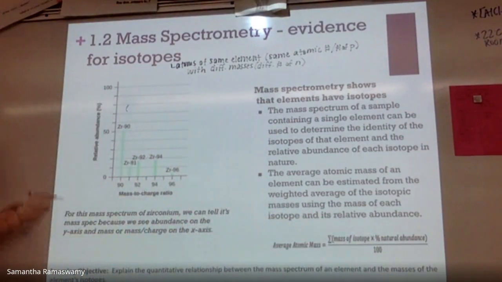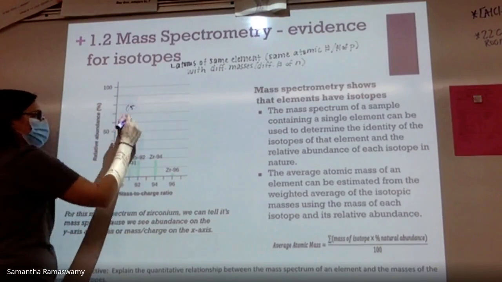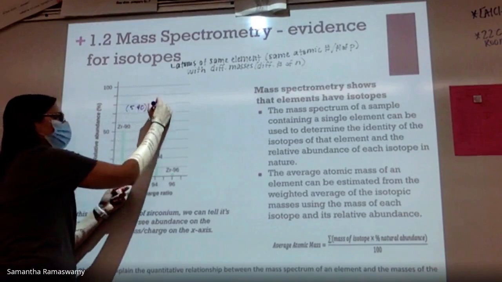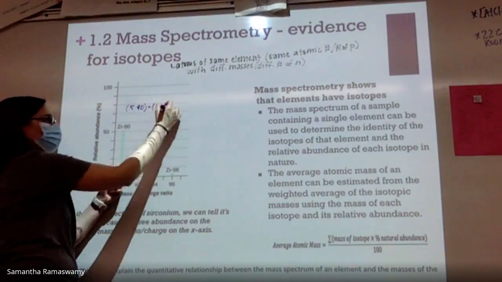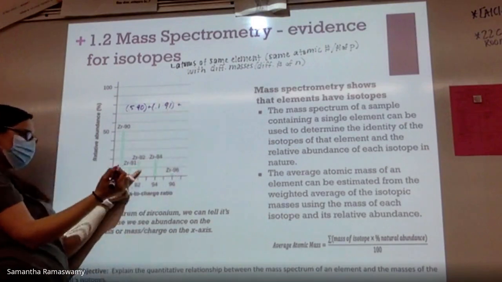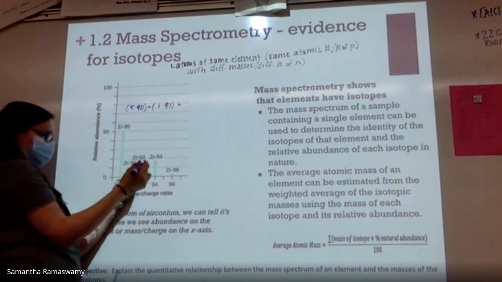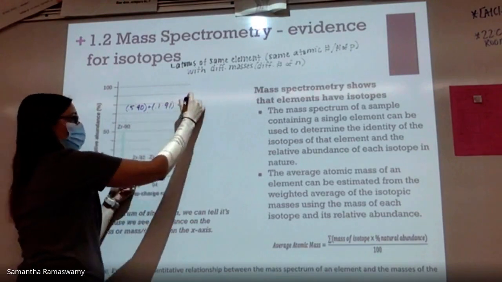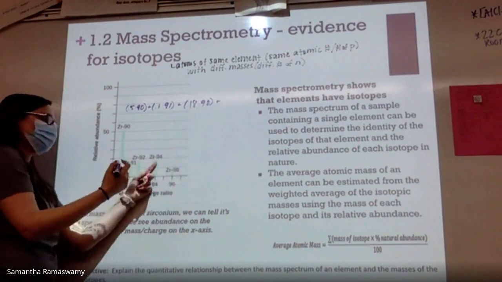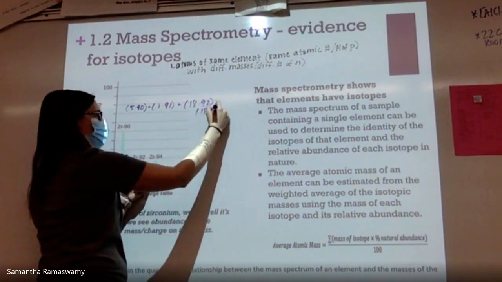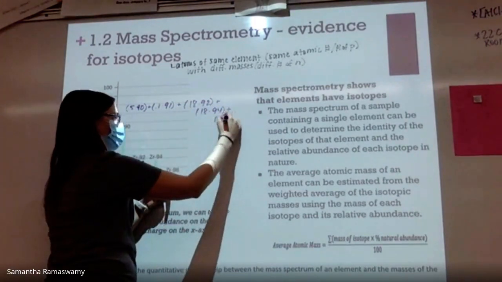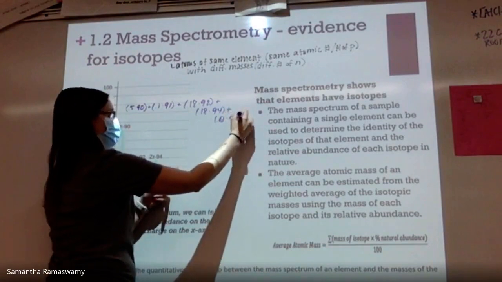So 0.5 times 90, plus 0.1 times 91, because it's about 10%, plus, we'll say 18%, 0.18 times 92, same thing for 94, plus, I'll say maybe 2%, 0.02 times 96.